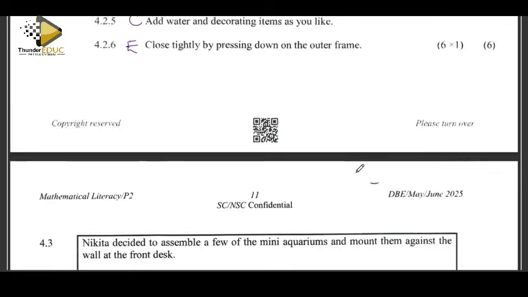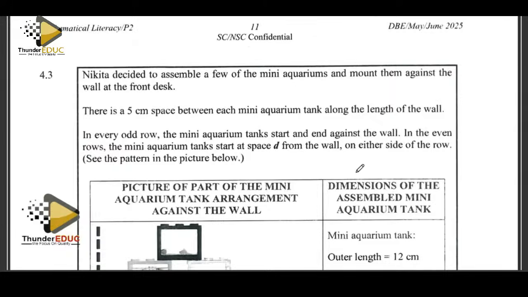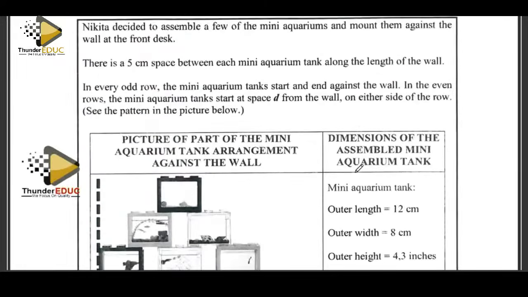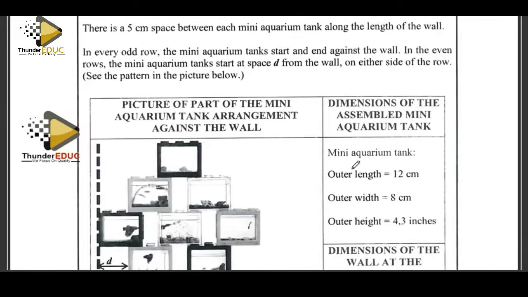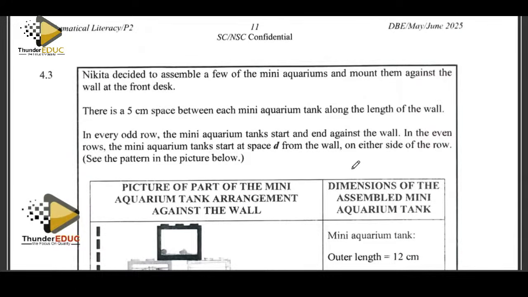Okay. Let's look at 4.3. Nikita decided to assemble a few of the mini aquarium tanks against the wall at the front desk. There is a 5 centimeter space between each mini aquarium tank along the length of the wall.